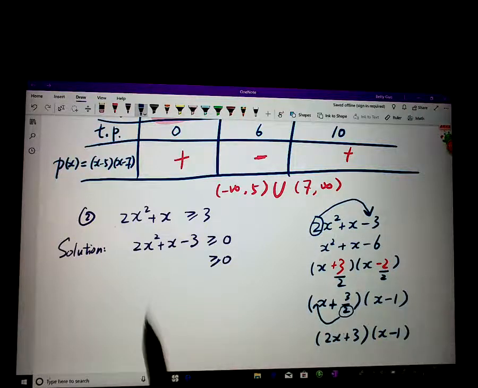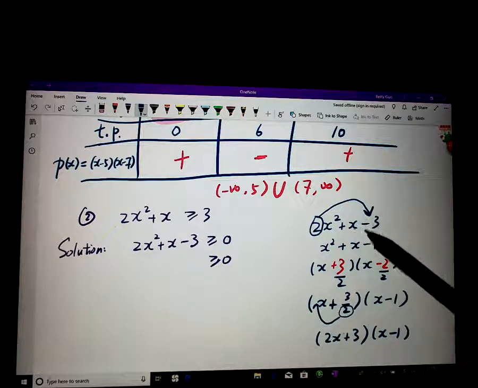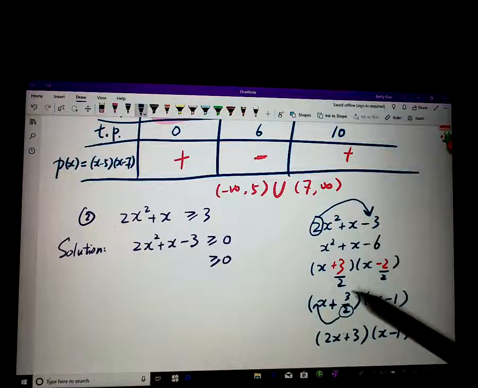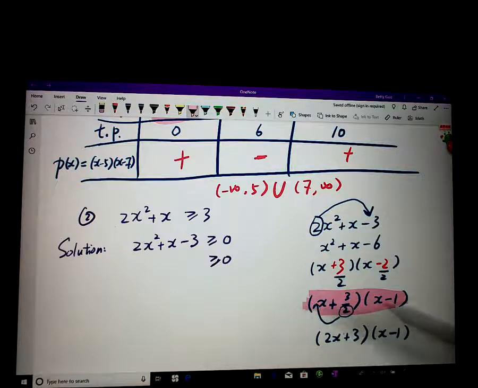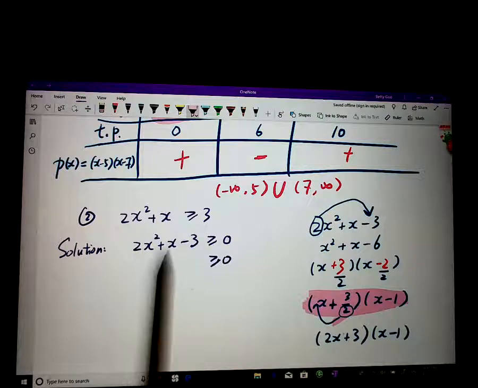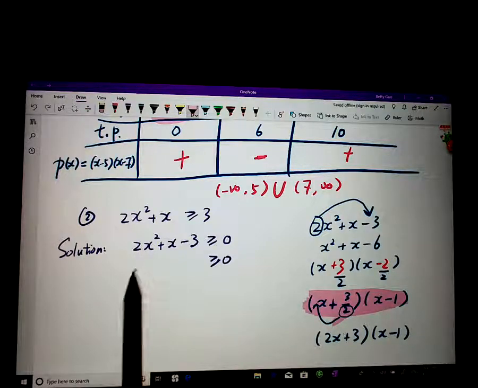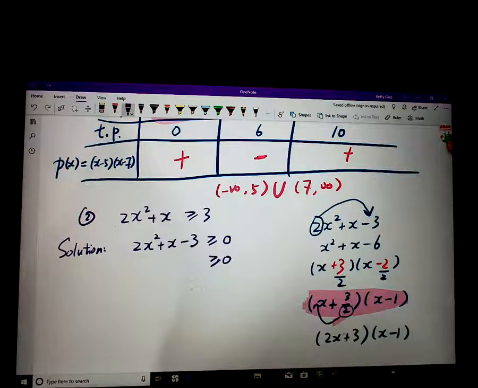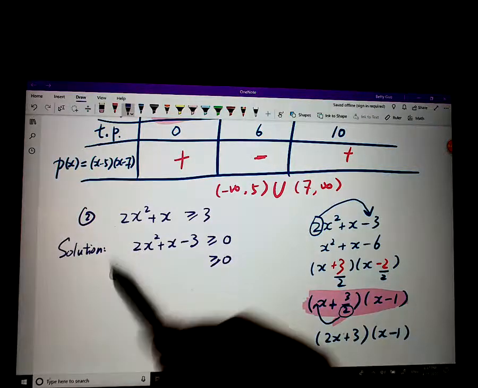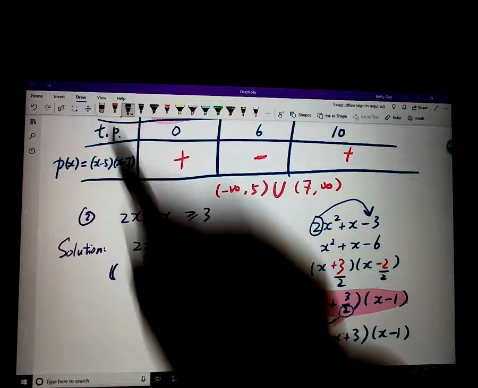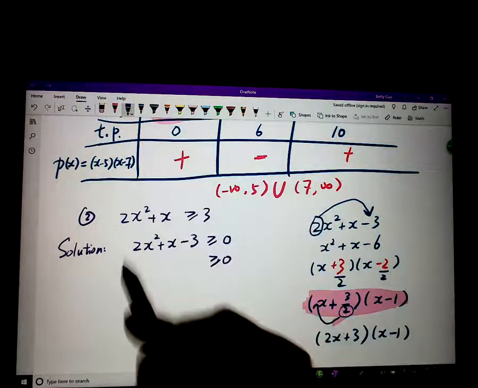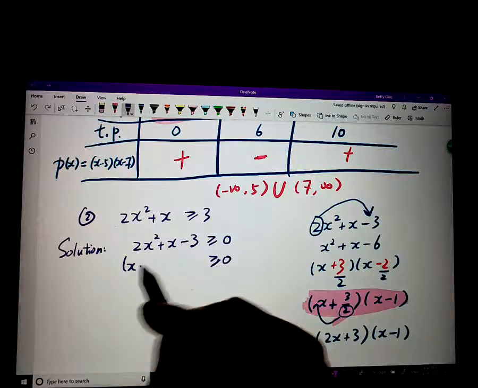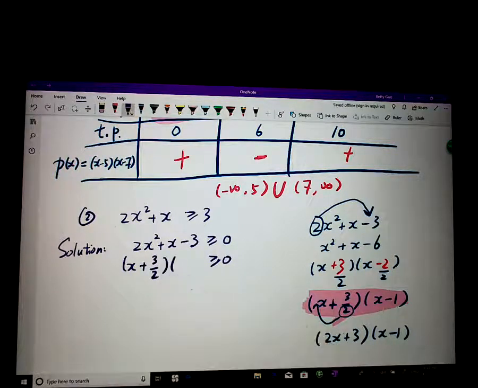However, because we are not actually factoring a quadratic trinomial, we are going to apply this. We are going to rewrite the trinomial on the left-hand side as x plus 3 over 2 times x minus 1.